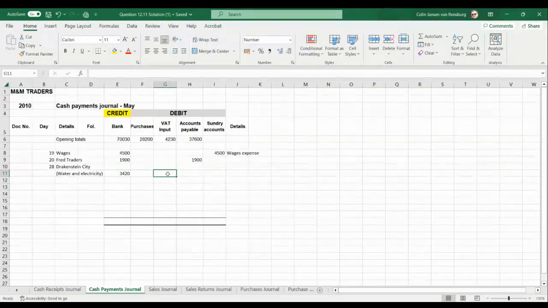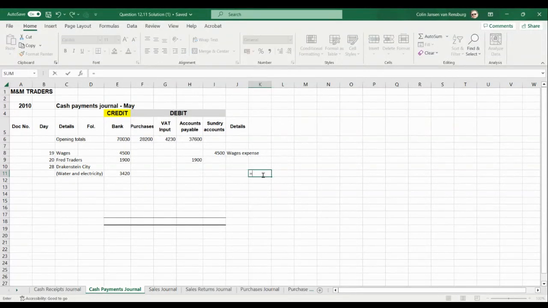Does it affect our VAT input? Yes, it does. It does affect our VAT input. So let's go and calculate what our VAT is. We are looking for a factor of 15. We have a factor of 115. And the amount involved is 3420.